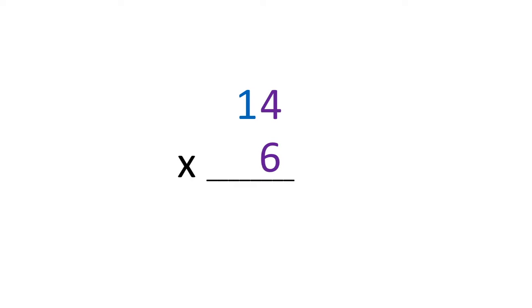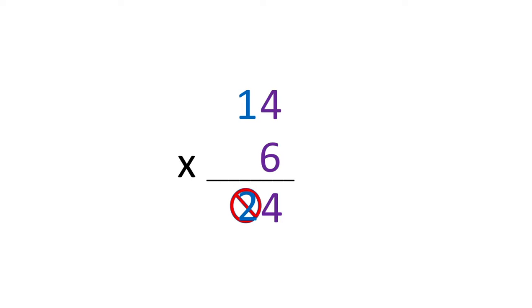Okay, 14 times 6. Where do we start? That's right, friends. We start with 4 times 6 or 6 times 4. We always start here in our ones place. Yeah, 24. Is that cool to write it like that? No, we can't do that.